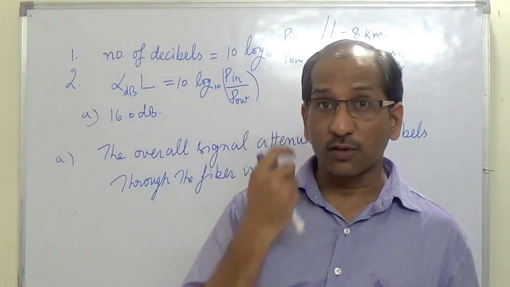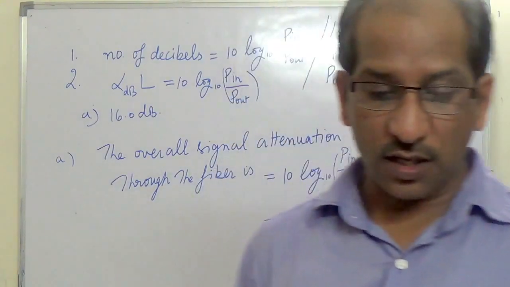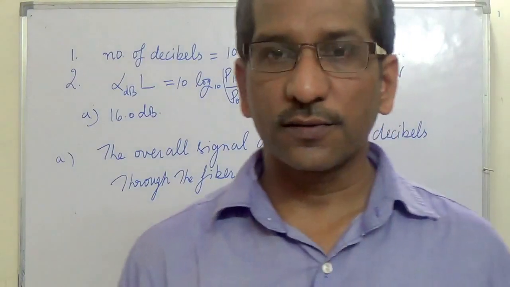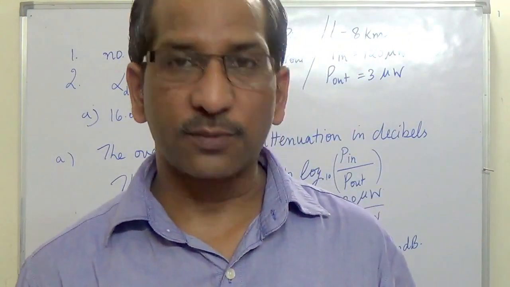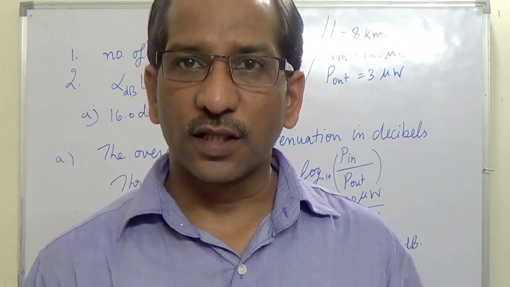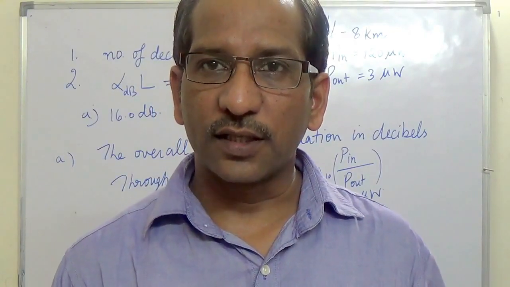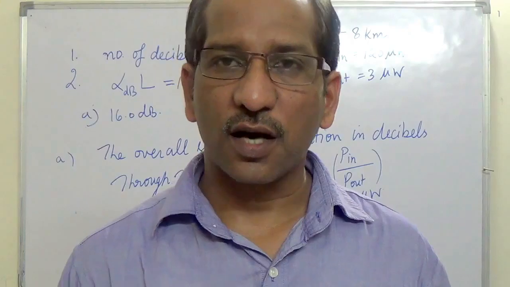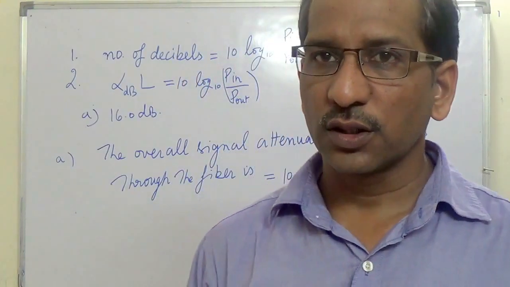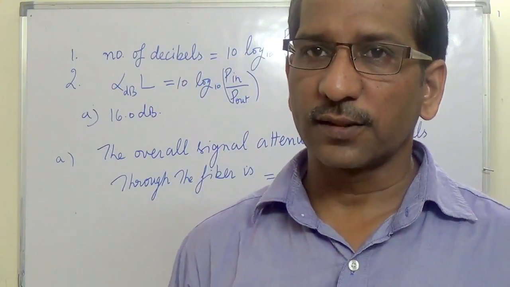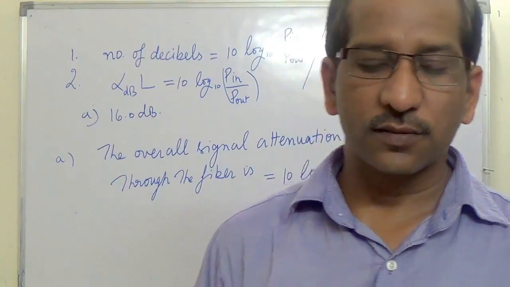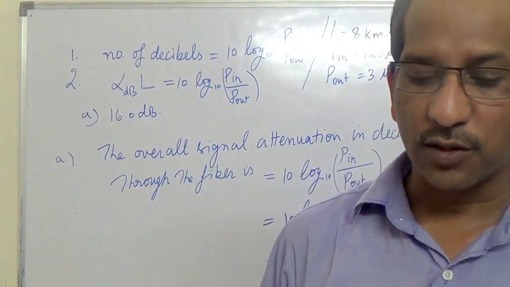they ask the signal attenuation per kilometer for the fiber. Remember and note down this particular point, that in the second part they are asking about the loss per unit length. So signal attenuation per kilometer.